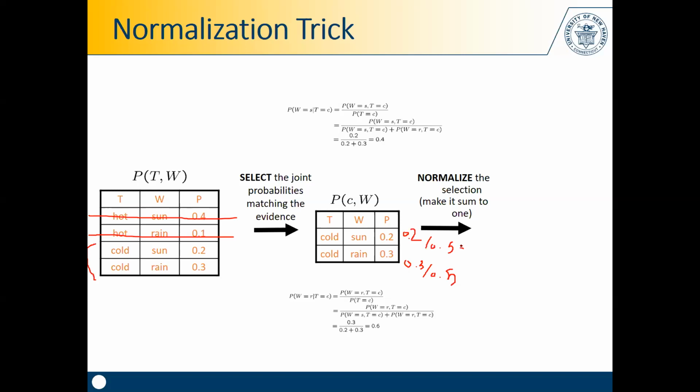This gives us 0.4. And this gives us 0.6. And thus, we have the conditional probability distribution table of W conditioned on temperature being cold.